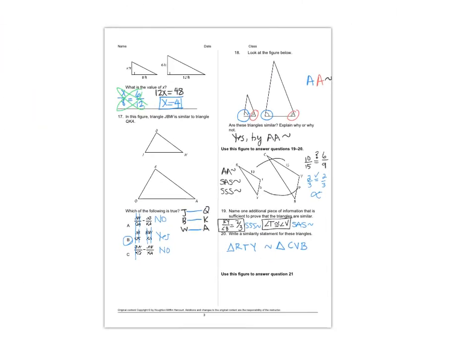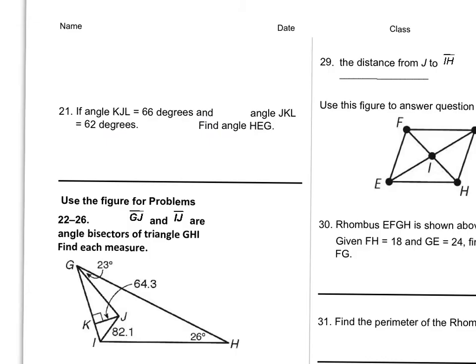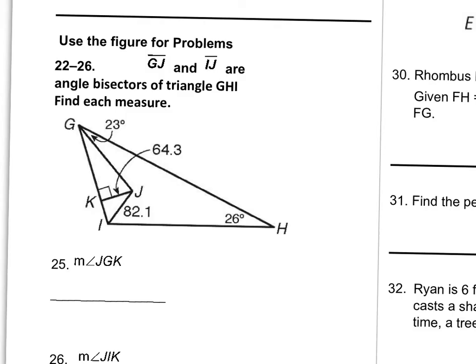And that concludes page number 3. Problem number 21 did not copy correctly, so I'll have to help you with that in class. Let's move to number 22 through 26.